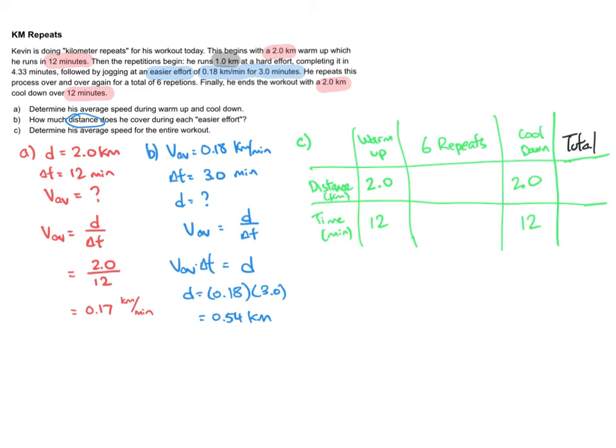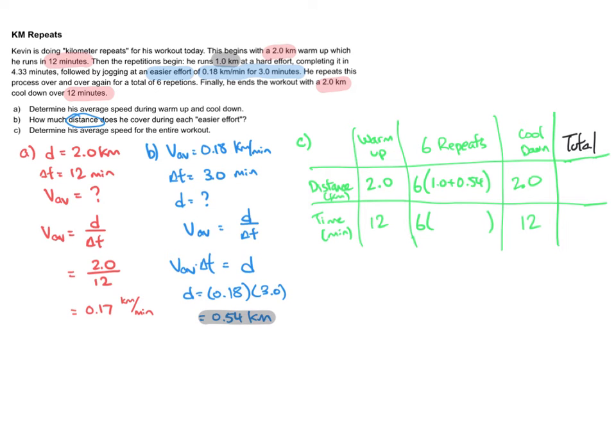And for the easier effort part, we should take our answer from part B of 0.54. And he doesn't just do one of them, he does 6 of them. So the total distance for the repeats is going to be 6 times 1.0 plus 0.54, whatever that is. Now in terms of the time, again, he's going to do 6 repeats, so it's going to be 6 times.